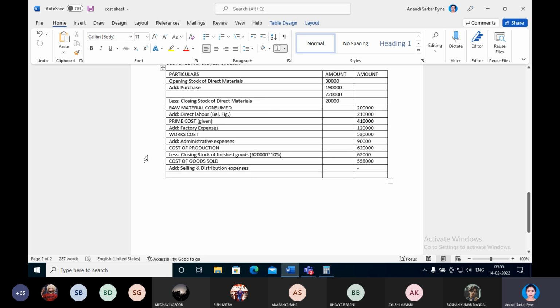So basically cost of goods sold is only our cost of sales. I have just shown you to show you the format, maintain the format, but when you actually do it in the main examination, you can write cost of goods sold or cost of sales. So that will be 5,58,000. Over here, you add profit, which is the balancing figure.